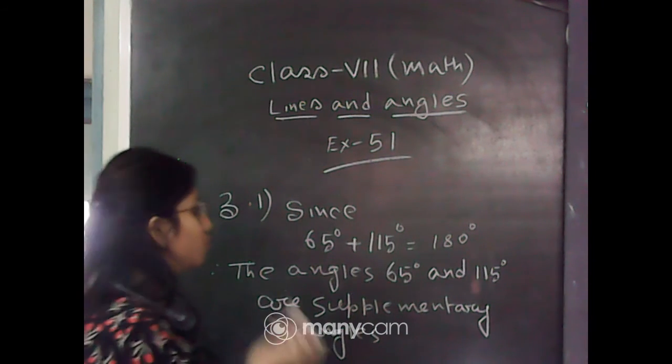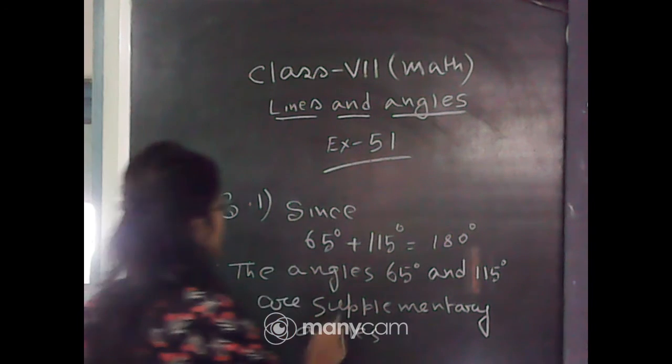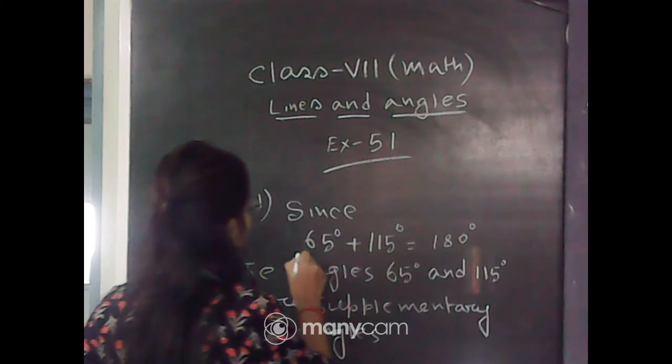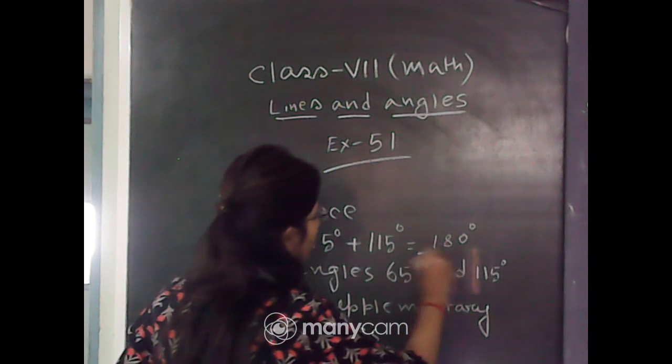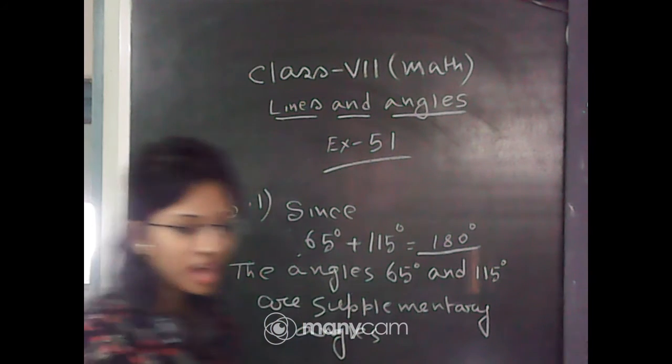Because we all know that the sum of the measures of two supplementary angles is 180 degree, and here we get 180 degree. So, these angles are supplementary angles.